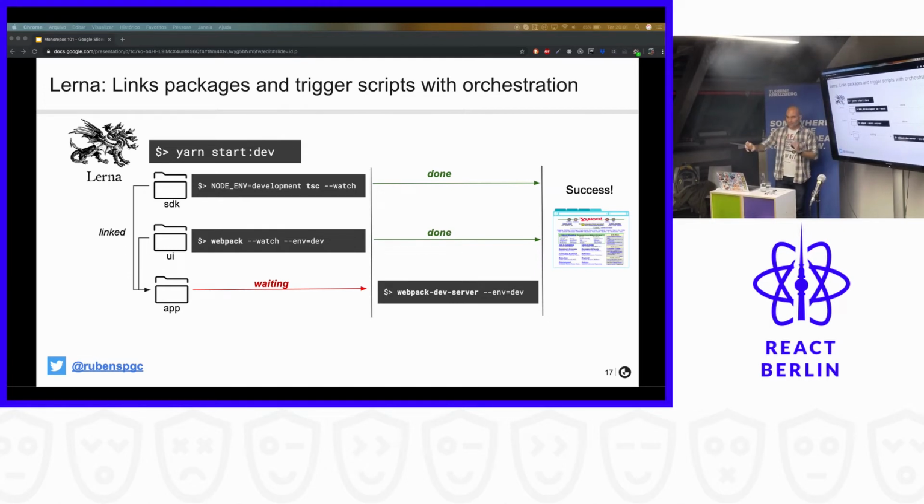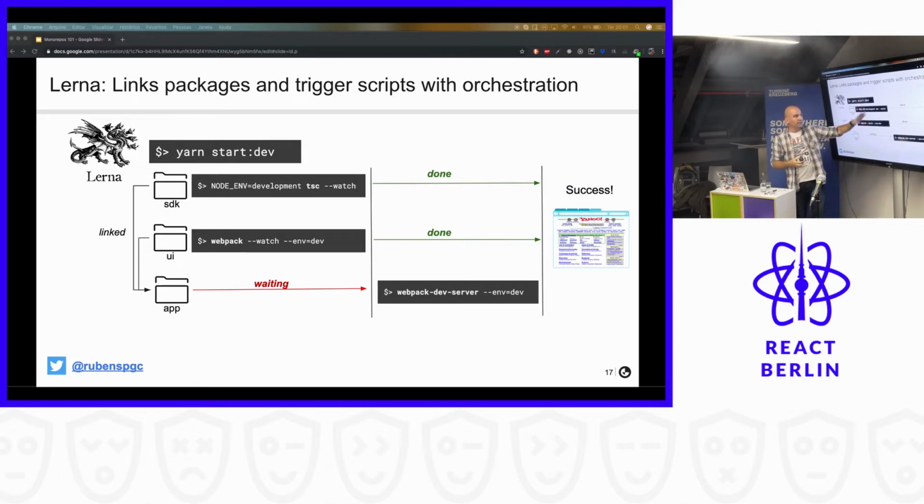Lerna holds the app and then starts its npm script because it knows it depends on both SDK and UI. This you can simply describe in the package.json of the app itself, depending on UI and SDK, and Lerna can read their package.json.